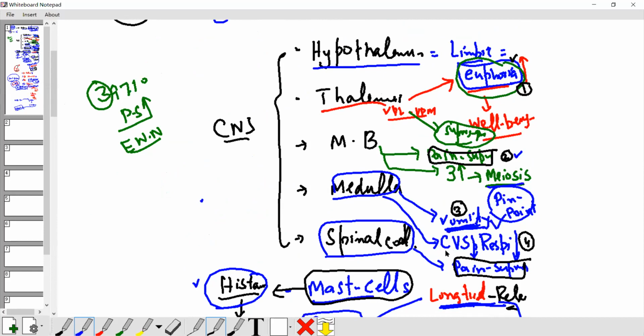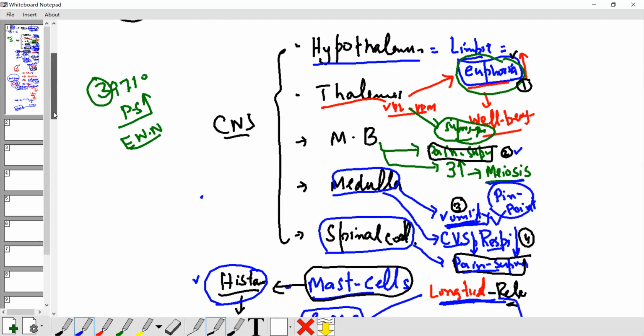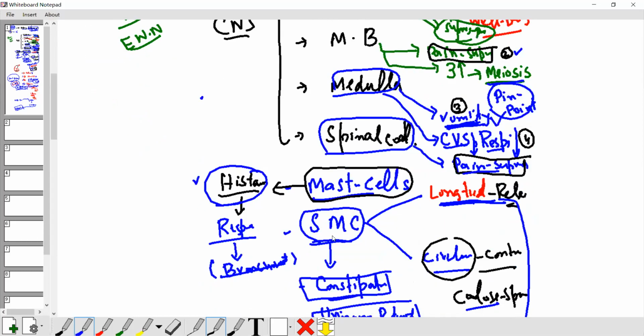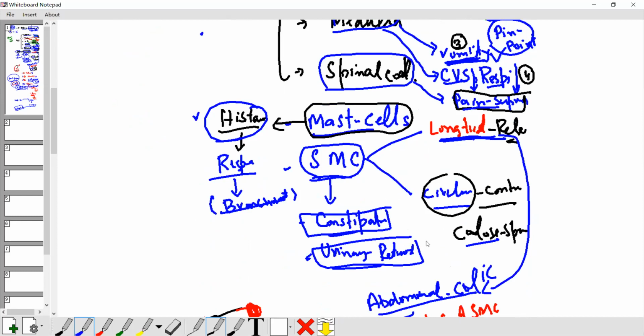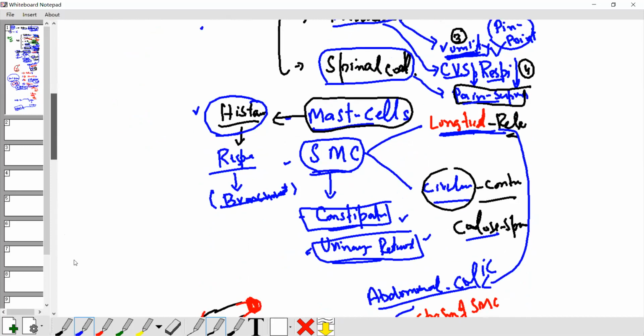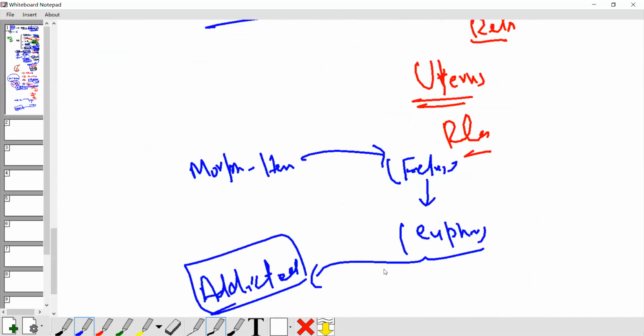They produce CVS and respiratory system depression. In the spinal cord, the pain suppressing action is a beneficial action. In the mast cell, they release histamine. In smooth muscle, hollow organs, the urinary system and GIT are affected: constipation and urinary retention.